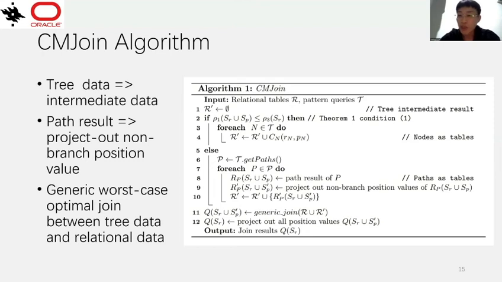Then we compute the path result first and project out non-branch position values, because we only need the branch node position values for matching between paths. The label values can be joined between tables and tree data. Then we can apply a general worst case optimal join algorithm to process the two different forms of data simultaneously.